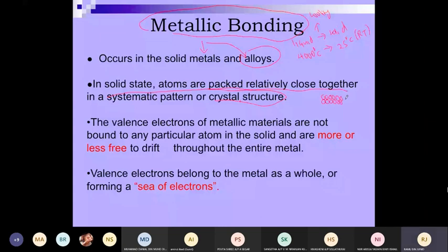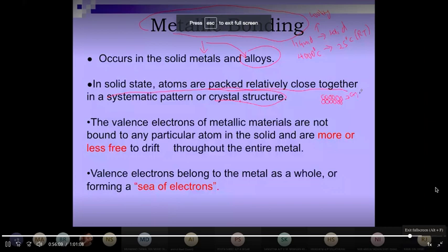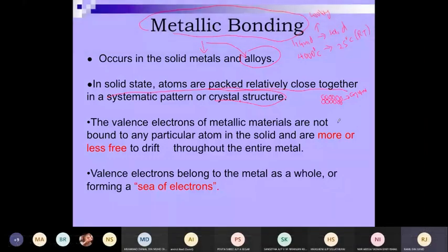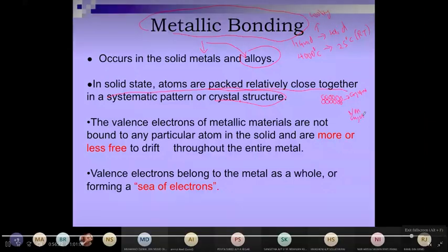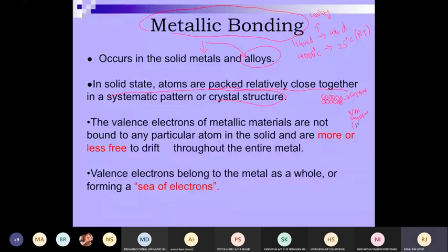So if atoms are well arranged, we call it crystal. If atoms are not well arranged, or in a random arrangement, we call it non-crystal or amorphous.